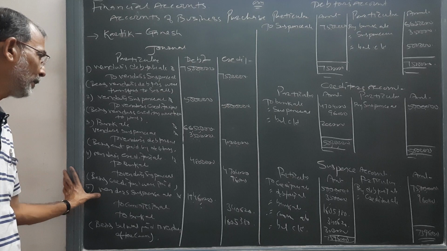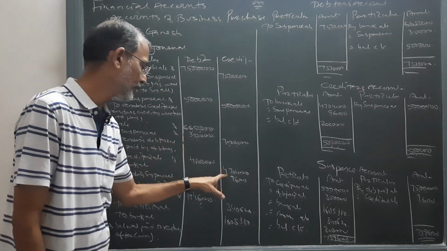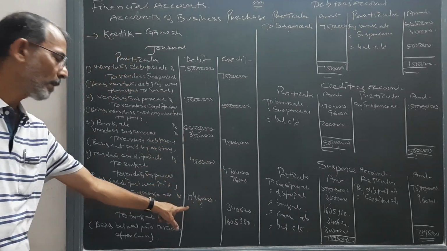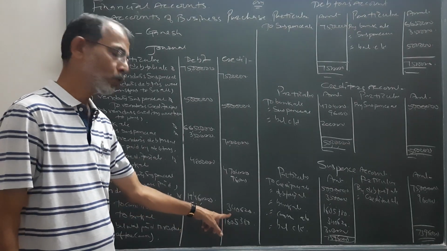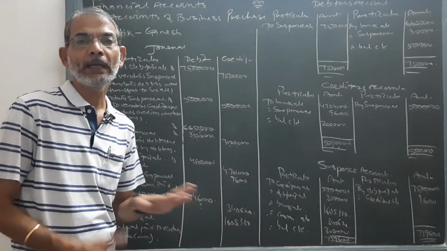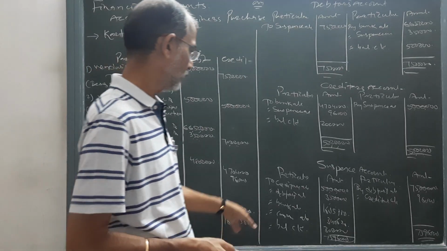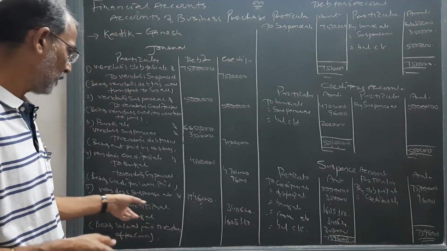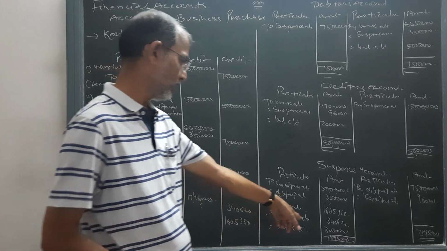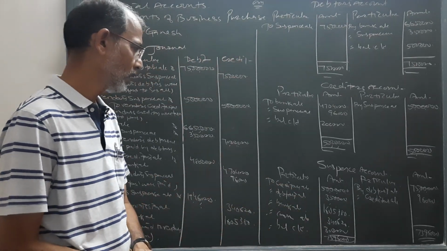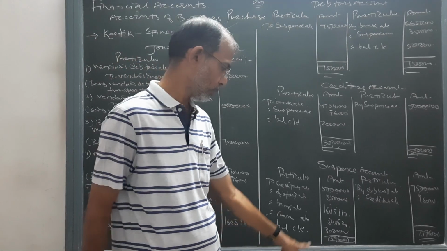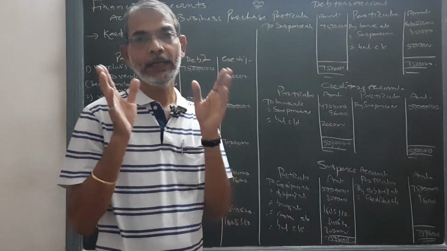Suspense account will be debited. From this figure, subtract this figure, you will get the balance which will be debited to suspense account, to commission, to bank account, and this will be posted to suspense account 3,40,620 and 16 lakh 5,380, and we will get the balance of suspense account as 3 lakh.